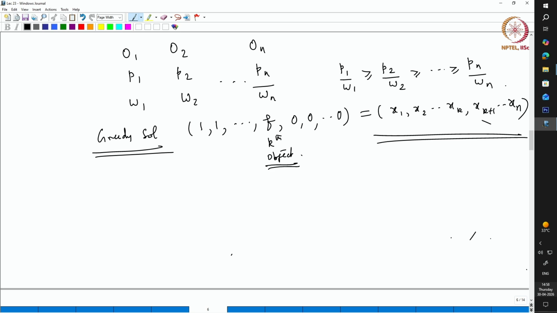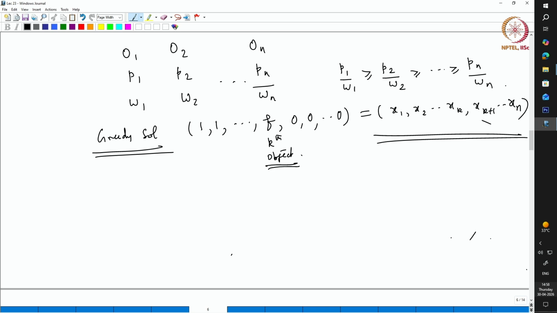Therefore, this is the form of greedy solution under our assumption that our objects are labeled. You can call whatever is that object that has got maximum P1 by W1 as O1. Whatever is that object that has got the next Pi by Wi value as O2 and so on.